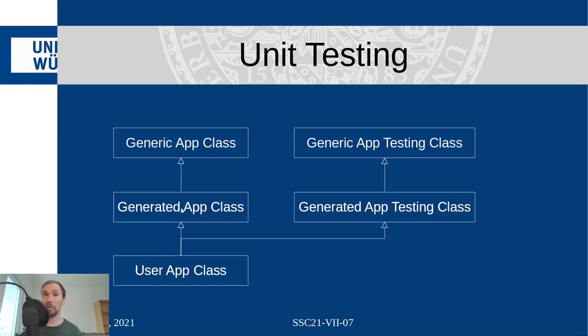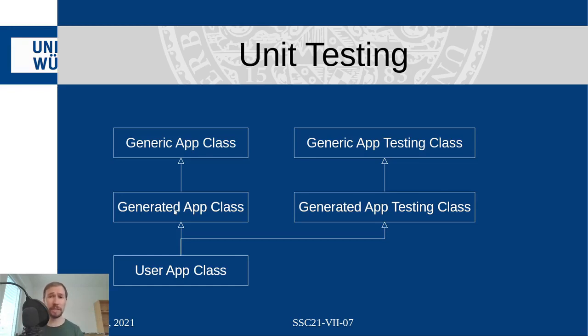In the real onboard software, it still uses these generated and generic app classes. So that means we don't change this app class. So this generated app testing classes and the generated app classes are using the same name, which means we can reuse our user code without modifying it.